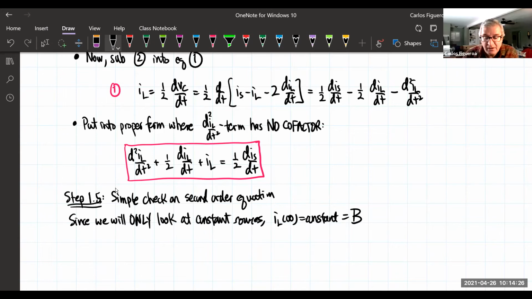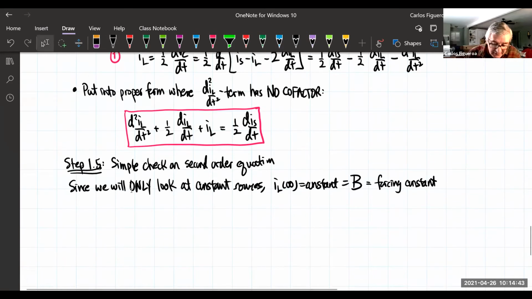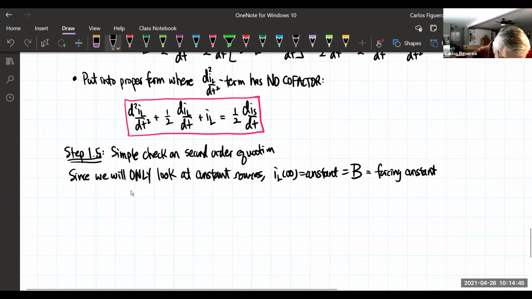I'm going to call that constant B. You could call it anything you want. This is the forcing constant. So I know that the inductor must be a constant, and I'm going to sub IL at infinity equal to B into the second order equation.